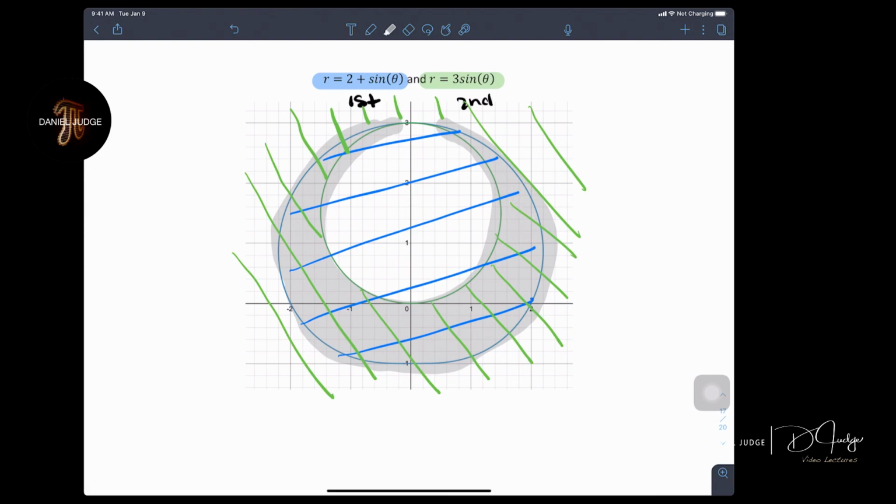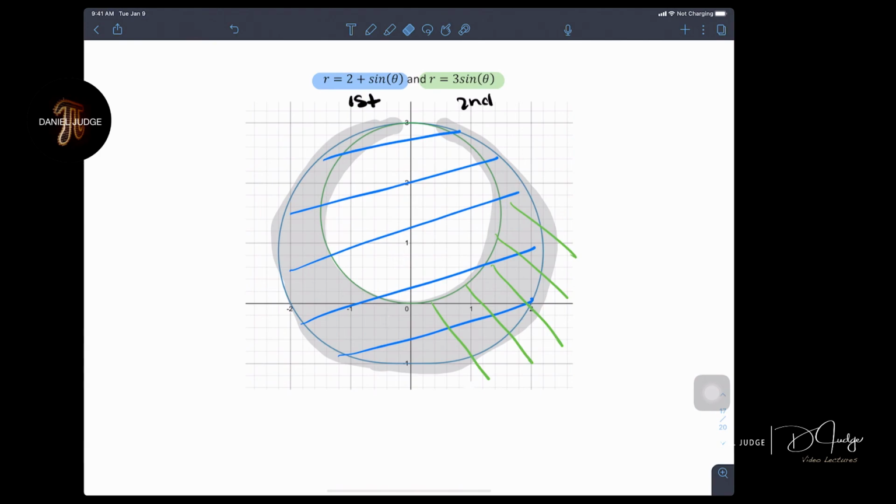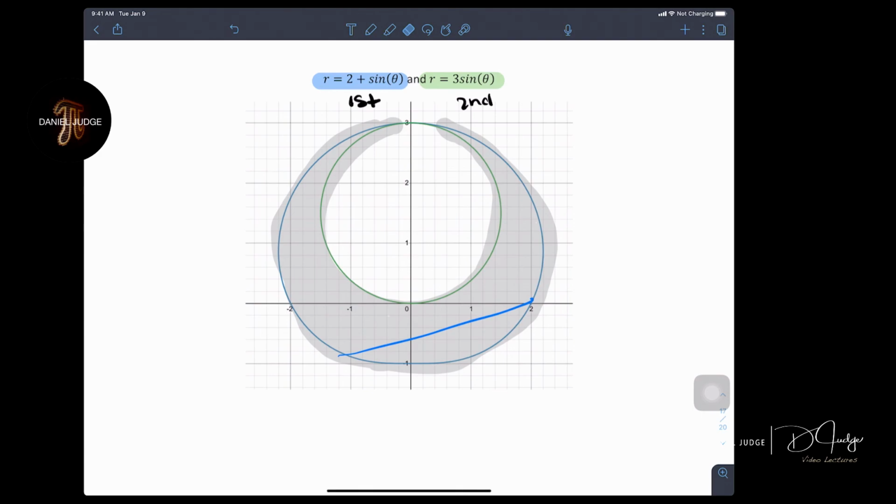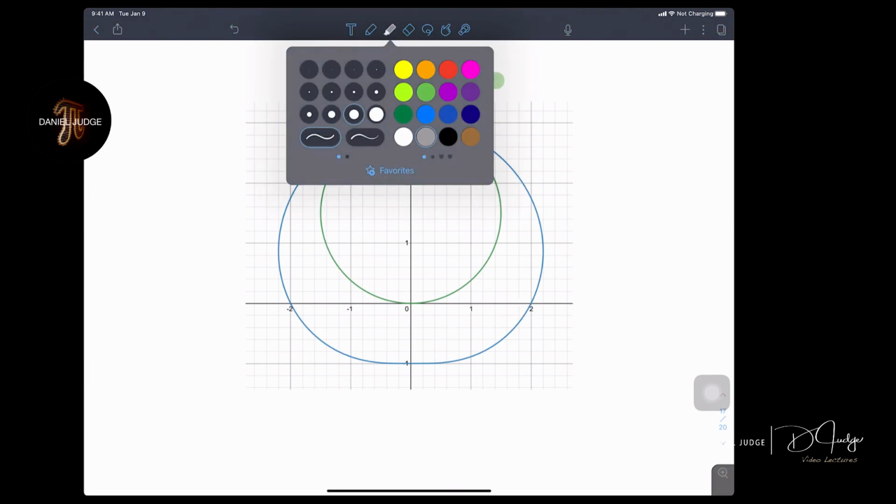Kind of nice. Okay, well, let's take a look here. And a little bit of that blue portion. But you guys have seen what we had to do, so let's do it again.